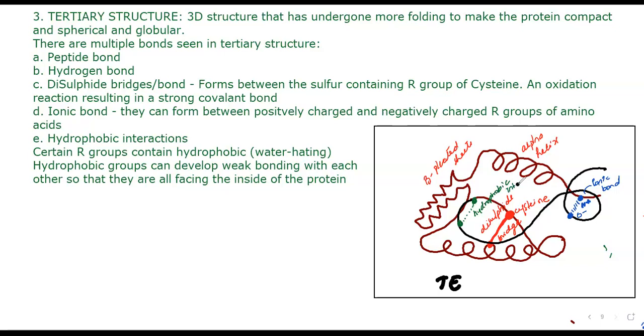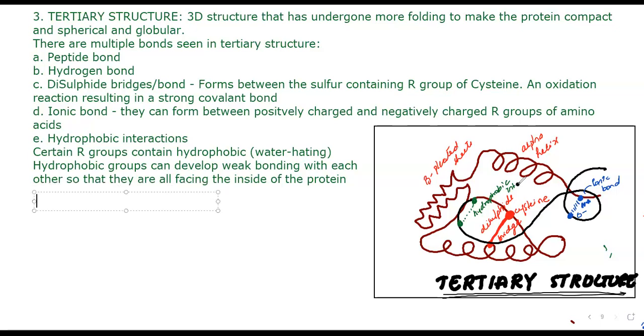If you take a look, it is so much more folded compared to the secondary structure. And the reason is all these different bonds. And why do we have all of these different bonds? Because of the different R groups. If the R groups were different, then the situation would be completely different.